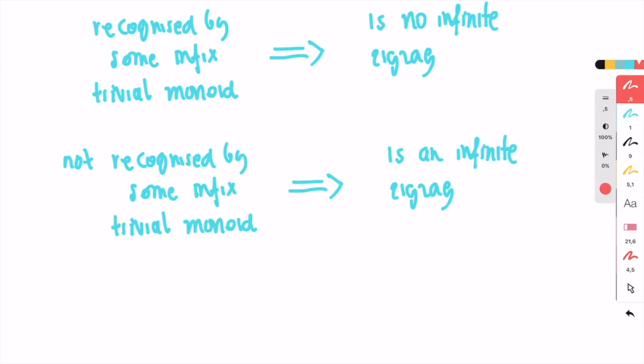So if it's not recognized by any infix trivial monoid, in particular the syntactic monoid is not infix trivial. Which means that in the syntactic monoid you can go in infixes between two different elements.